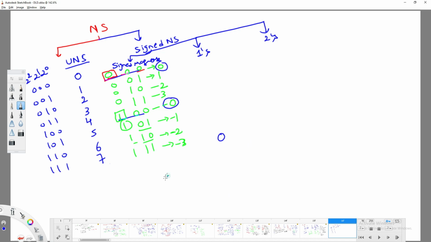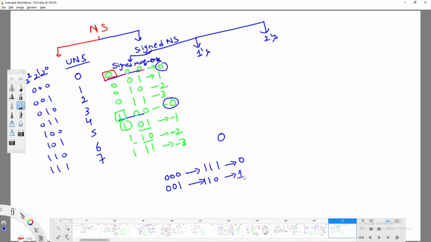Try to observe. Triple zero, its complement is 1 1 1, which is equivalent to again 0. Is it okay? Right? If I say 0 0 1, its complement is what? Double 1 0, that is 1.